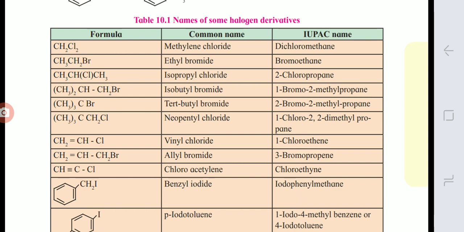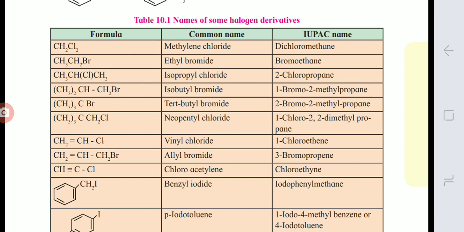In the next structure, your halogen is present on the carbon which is next to the carbon-carbon double bond. So such a carbon is an allylic carbon, bromine is the functional group, so the name becomes allyl bromide. While writing the IUPAC name, you have to write the numbering from the left side because we have to give preference to the functional group, the double bond, before halogen.